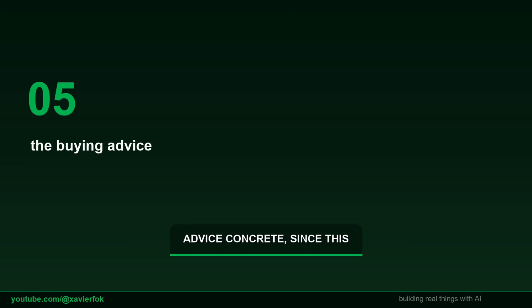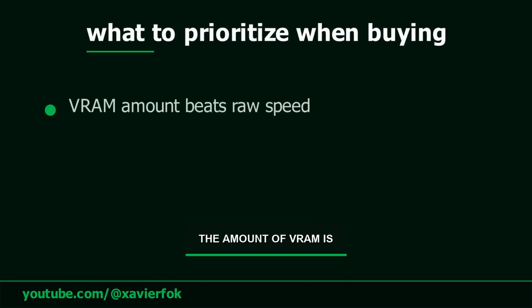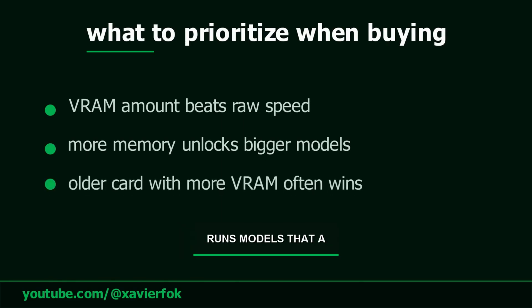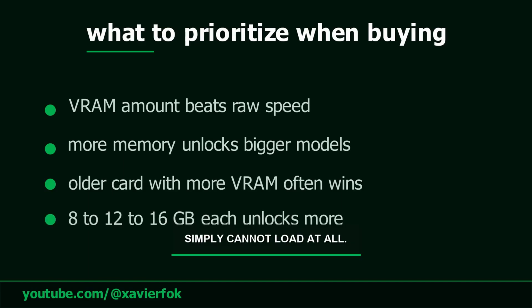Let me make the buying advice concrete, since this math is exactly what should drive a hardware decision. If you are choosing a card specifically for local AI, the amount of VRAM is the spec to prioritize ahead of raw speed. A card with more memory runs models that a faster card with less memory simply cannot load at all.